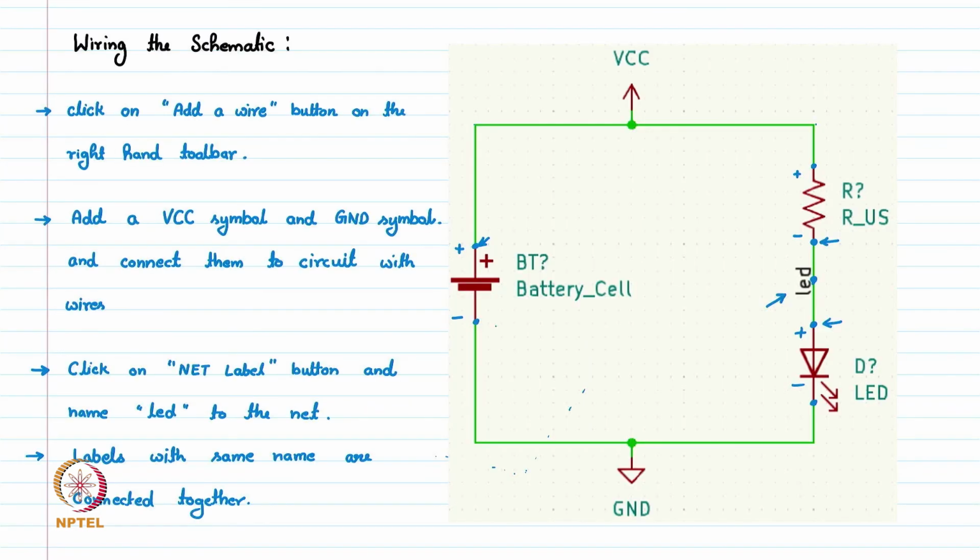The next is we need to do annotation. So each symbol needs a unique reference. For example, in the last slide we have a general naming, these BT question marks. So we have not put a unique identifier on these symbols, and that we do in the annotation step.